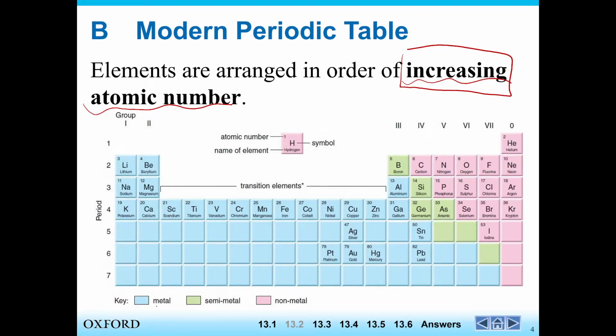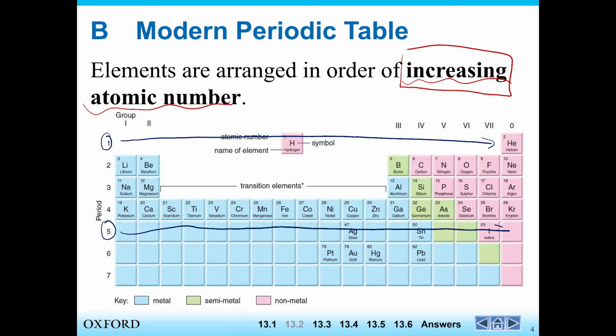Also, if we look at it horizontally, from left to right, that is what we call periods. In total, you can see there are 7 periods. For example, this is period 1 going from left to right. If I would say this is period 5, I would be looking at it from left to right.